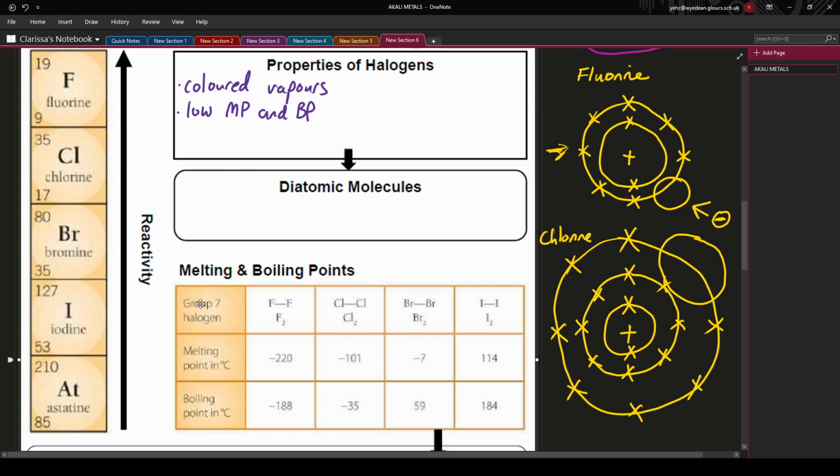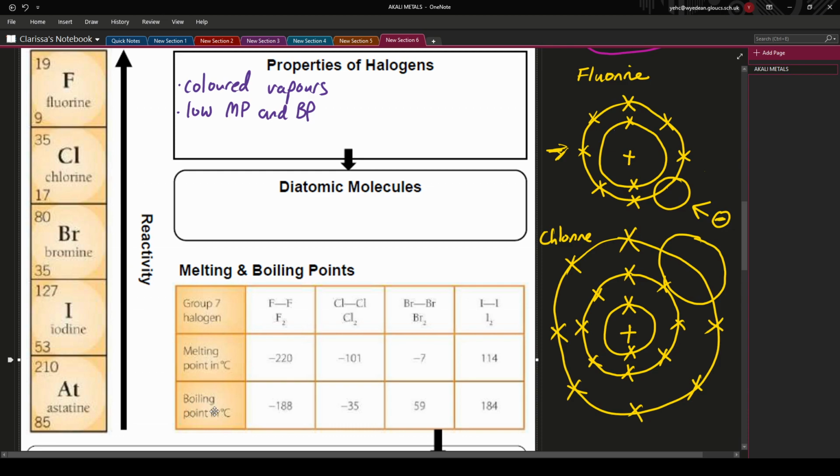Iodine takes a temperature of 114 degrees for it to melt and turn into a liquid, which means that iodine before 114 was a solid, after 114 was a liquid. That's what melting point means. It's at what temperature it's going to go from solid to liquid.